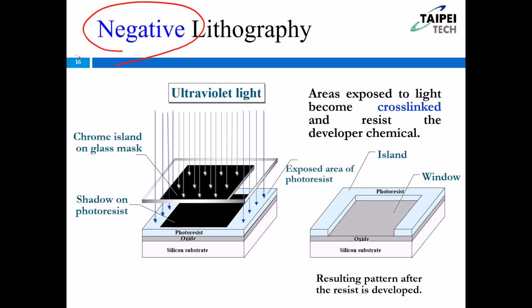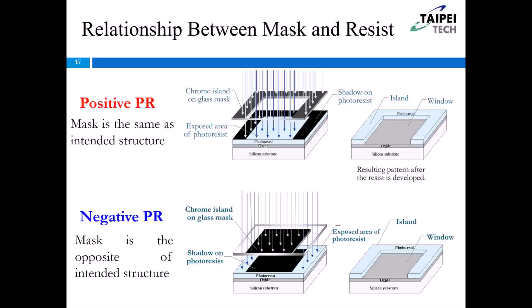So today, if you want to use the negative PR, you need to know the PR pattern is opposite to the mask pattern, okay? So I put the positive PR and the negative PR on the same slide for your reference.